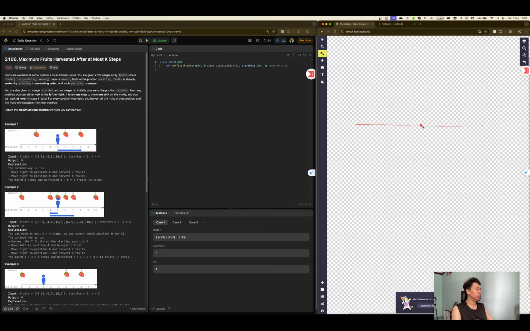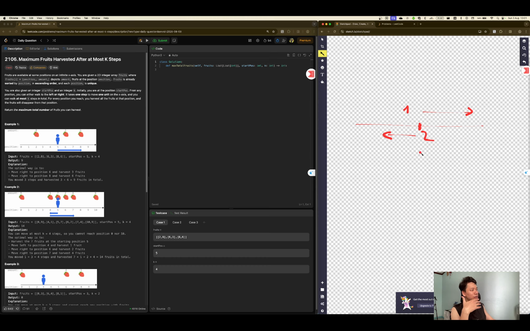So from the start position, you can move to the left or the right. But I think the optimal is always, if we have three options, the first one is try to move only to the left side, or try to move only to the right side. This is the first case.